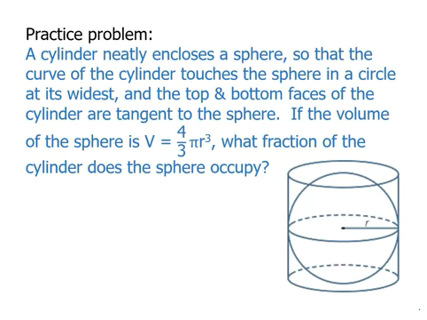So in other words, the cylinder fits snugly around the sphere, and in fact they're touching right around here, where the sphere is its widest. And then there's a point of tangency at the top and the bottom where the top of the can and the bottom of the can exactly touch the sphere. So if the volume of the sphere is 4/3 pi r cubed, what fraction of the cylinder does the sphere occupy?